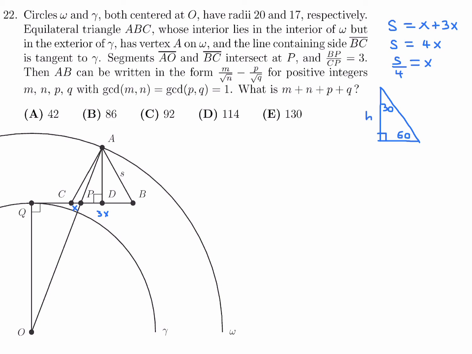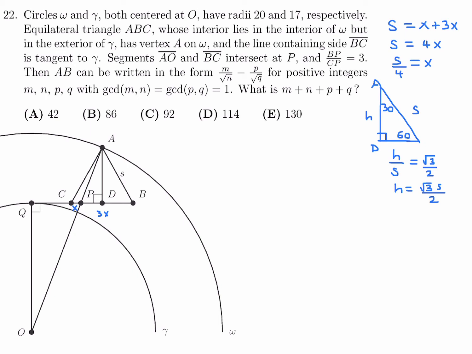If I call this height H, which is AD, then I know this is S. So H over S is root 3 over 2, since that is a 30, 60, 90 triangle. That means H is equal to root 3 S over 2.